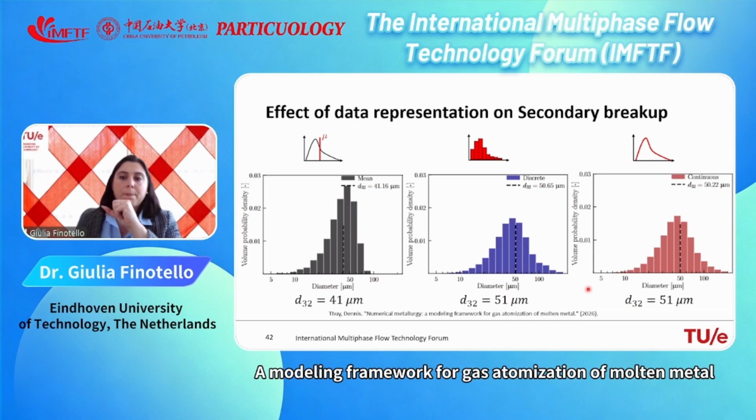So breakup models are very sensitive to mono or polydispersity of the initial droplet data. So it seems definitely a better option to use a discrete or continuous initialization option.